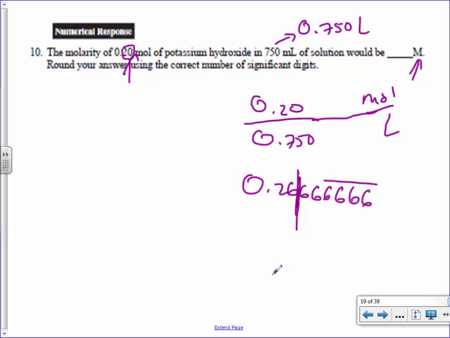The diploma exam at some point probably won't, but this shouldn't be 0.26 because this 6 right here would round it up. So the correct answer is 0.27. Does that make sense? I would say of all the math ones, that one's probably one of the most straightforward. There's not a lot to do other than just divide the two numbers. I started off with a fairly simple one.